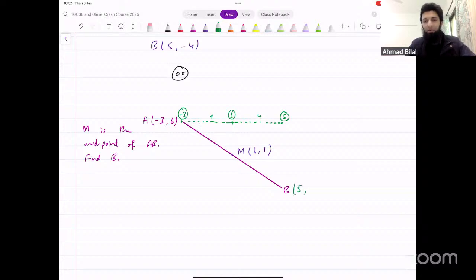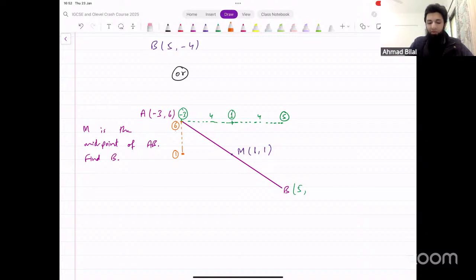Similarly, if you look at it on the y-axis, what's the y coordinate of the point A? The point A has a y coordinate of 6. So this point on the vertical axis is 6. Now, if you go to the point M, what's the y coordinate of the point M? That is 1.